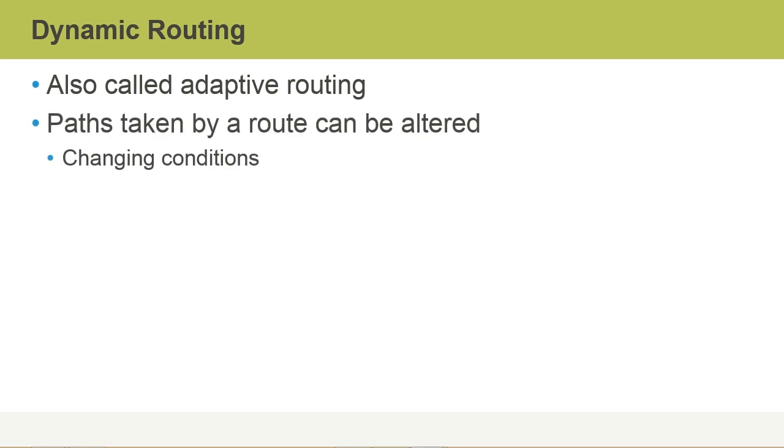Once you've enabled dynamic routing, the paths that a packet takes can be altered based off what we call changing conditions. These changing conditions are things like, if router C goes down, then with dynamic routing enabled, all the other routers would know that that router is no longer available, so they wouldn't try to route any packets through that router.